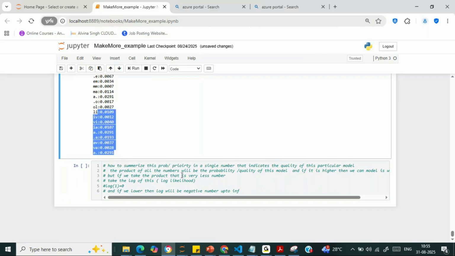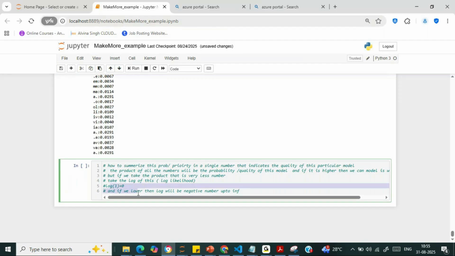So we will take the log, and if the value is going lower and lower, it will go up to infinity.